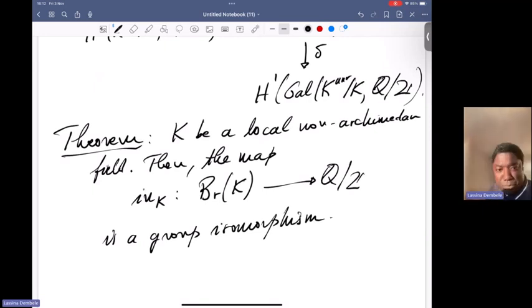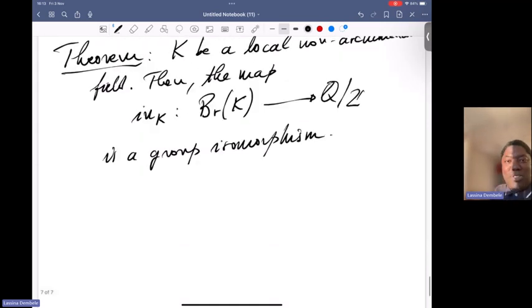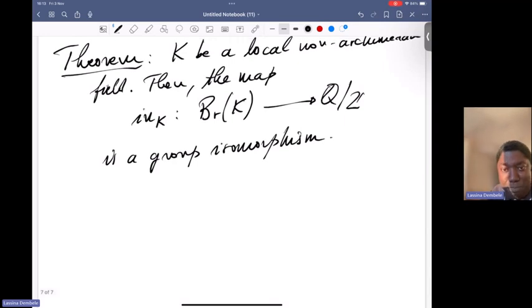Okay. So I'm going to give a reference for the proof of this statement in the lecture note. And this isomorphism actually is quite explicit. You can compute this local invariant very easily. And I think there are several exercises in your problem set where you have to evaluate this map.